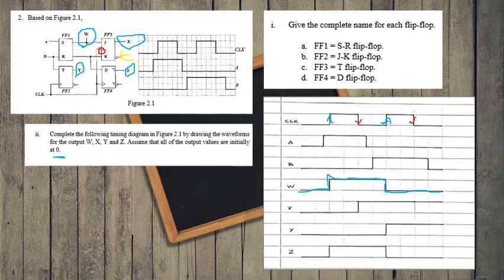When the J is 0, K is 0, the output of X will hold.